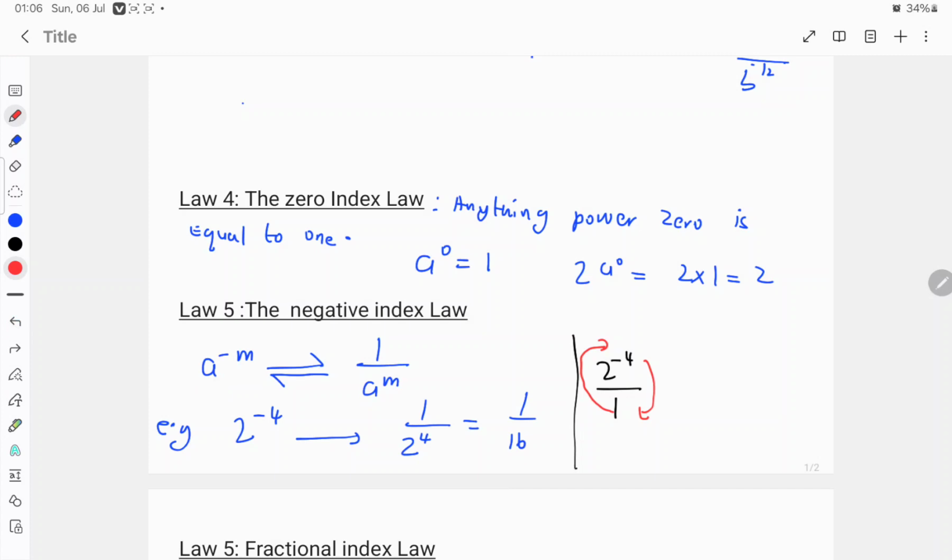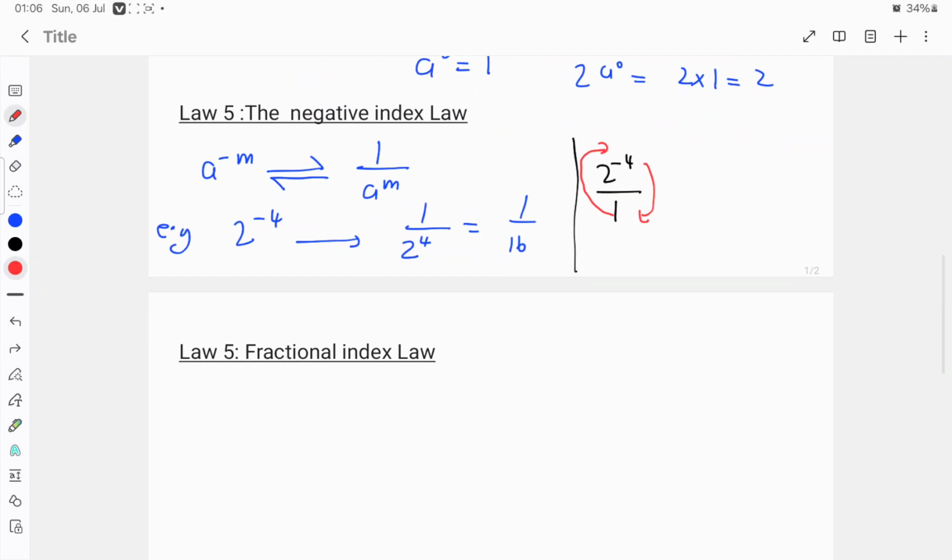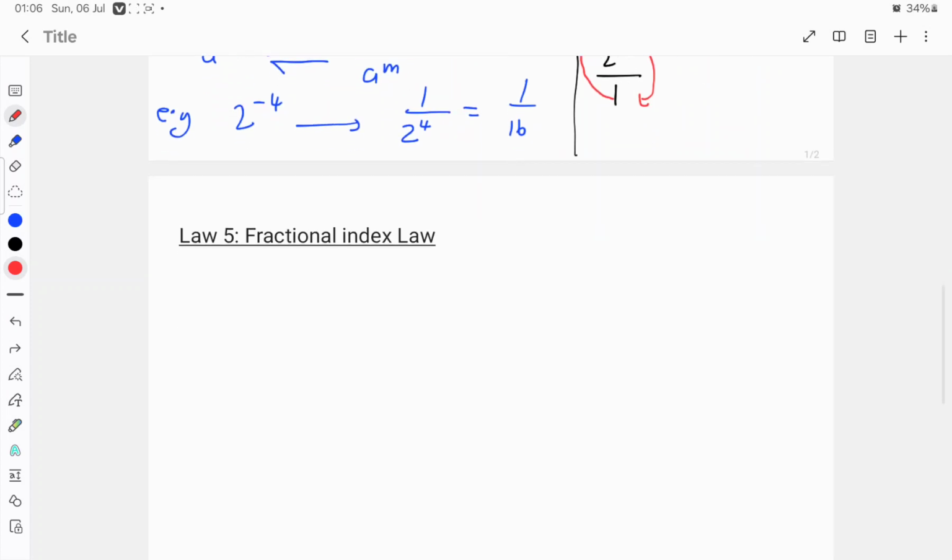Okay, now we go to the final law of indices, which we are calling the fractional index law. How does the fractional index law work? For example, the law is like this.